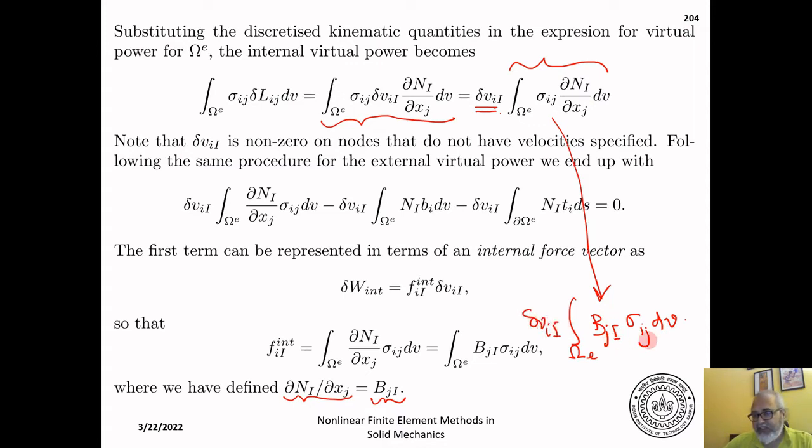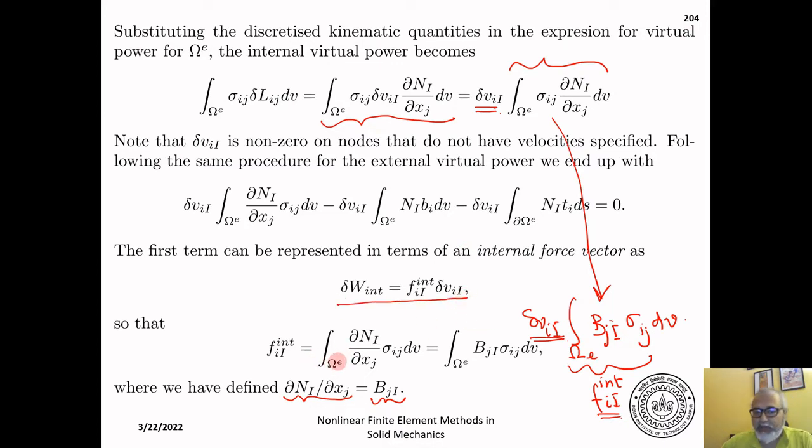So j is a repeated index. So this is Ii. The order doesn't matter. Times vIi. So this is a dot product between delta v and this quantity, and this quantity we can call the Ii-th component of the internal force. So this virtual velocity times this internal force, the nodal equivalent internal force, gives you the internal virtual work.